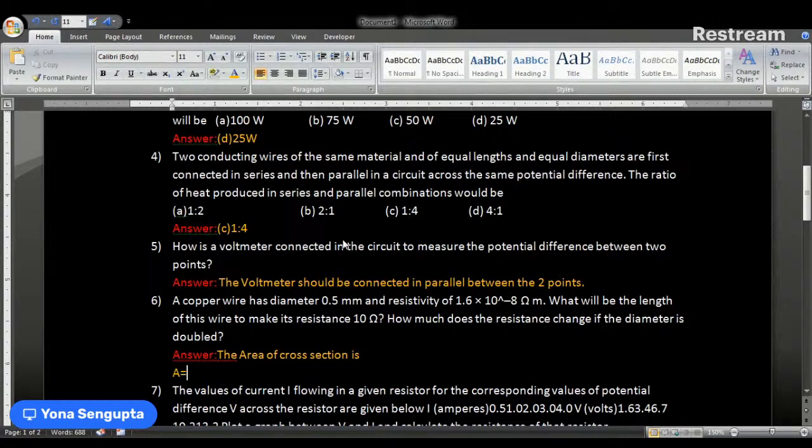A equals to, I can't write pi here, so I'm writing the value of pi as 22 by 7. So area is 22 by 7 in total, then bracket, diameter by 2 to the square, whole square. So this is the formula.